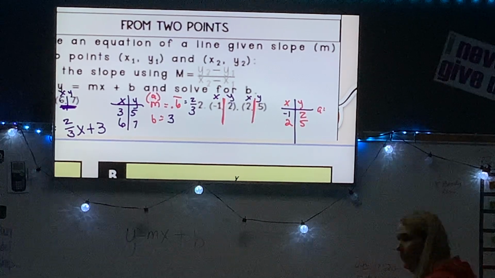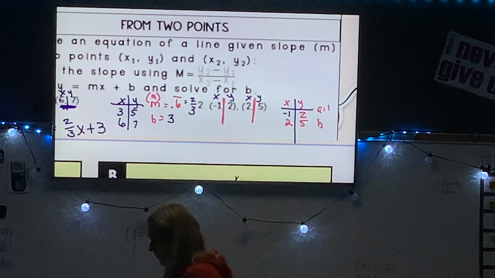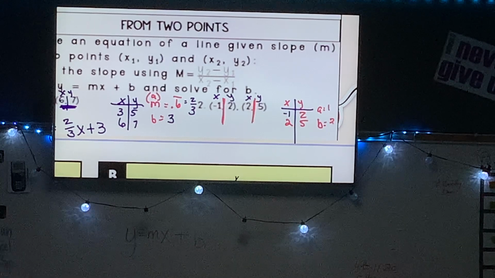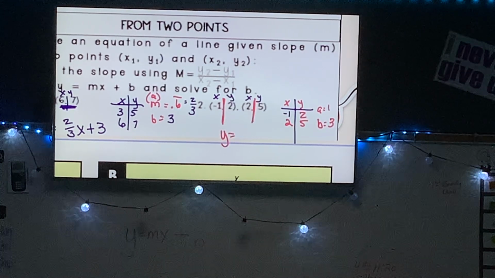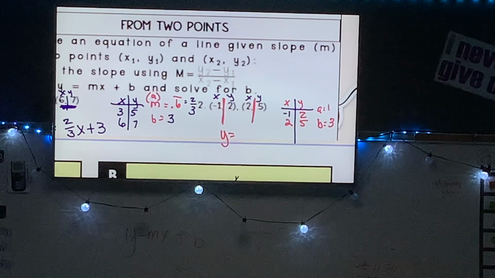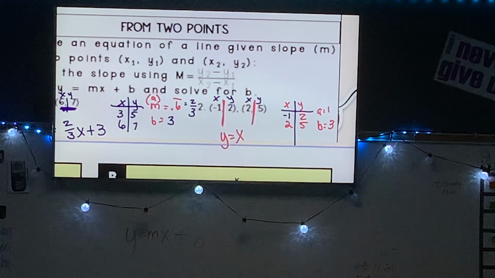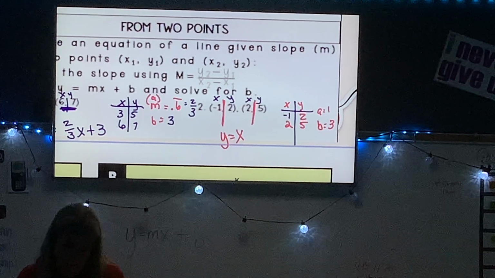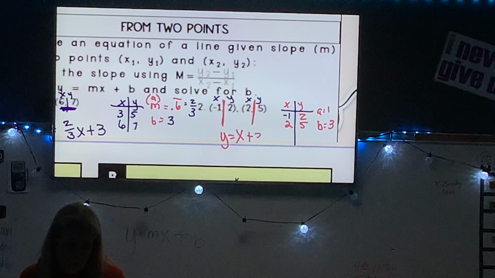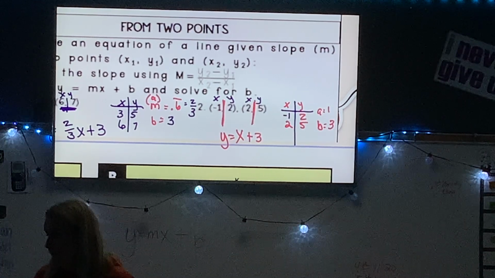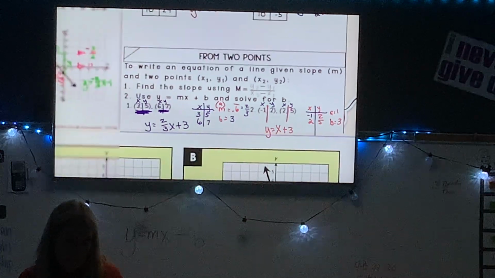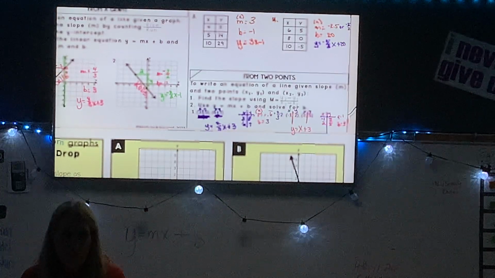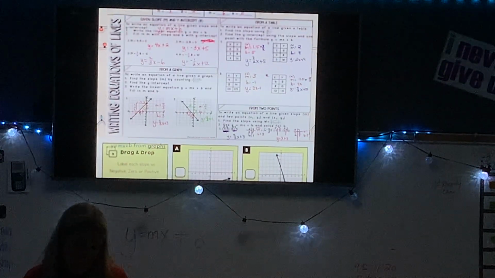Was your slope 1, and what was your y-intercept? Now, you could write that as y equals 1x, but they would never have that written like that on the STAR test. They would just have x. If it's a letter by itself, it's understood to be 1 in front of it. Okay? So x plus 3. I would not count it wrong if you put a 1, but they would not have a 1.